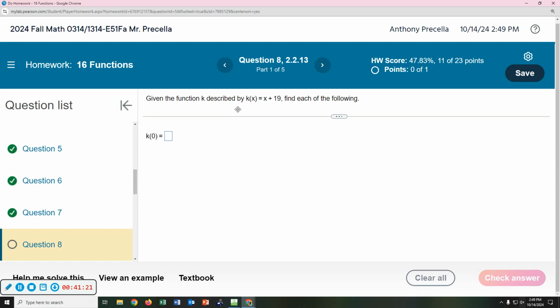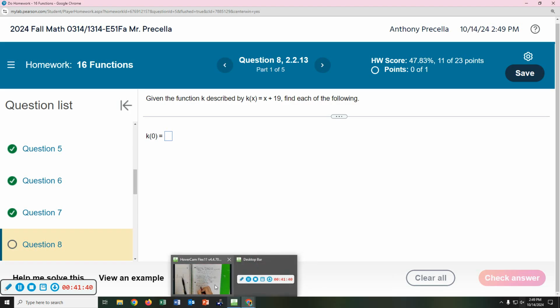Oh, look at that, k. They're using the letter k instead of f for function, but okay. So k of x equals x plus 19. Now find k of 0.